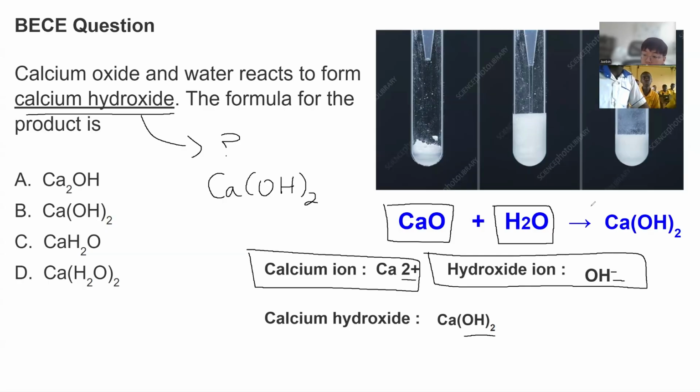And always remember to check for balancing equations. This is the final step in checking the answer. Let's see the number of calcium on the left. How many calciums are in the reactant side? Does anyone know?